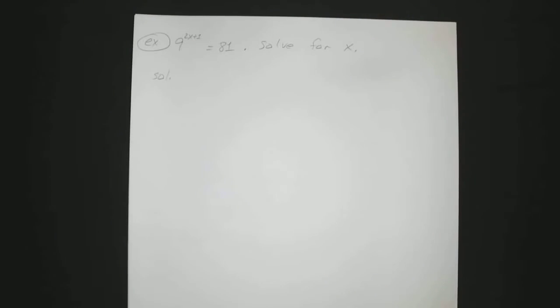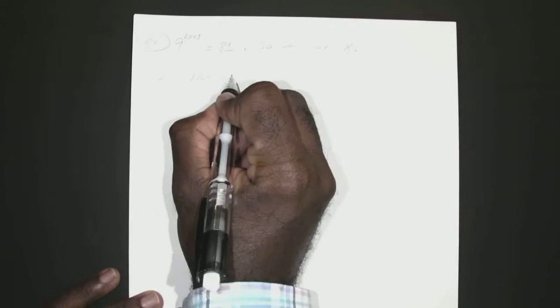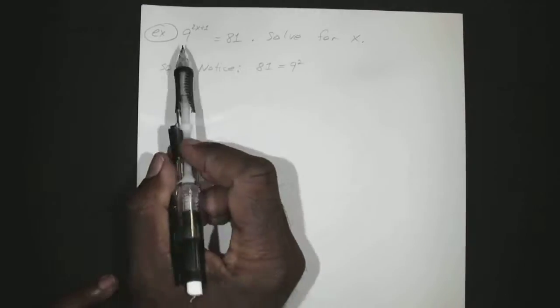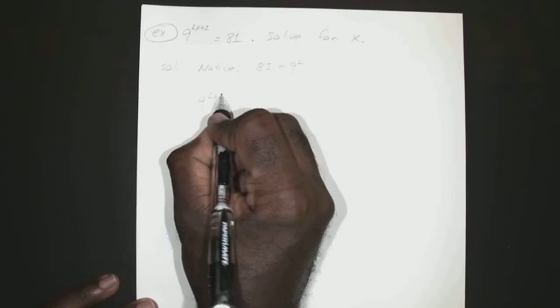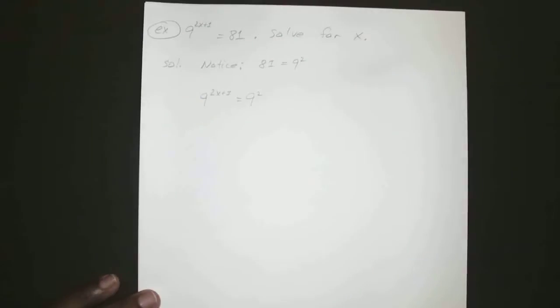Okay, so for this one, the first thing you'd notice is that 81 is equal to 9 squared. So that means you can rewrite this as 9 to the 2x plus 1 equals 9 squared.